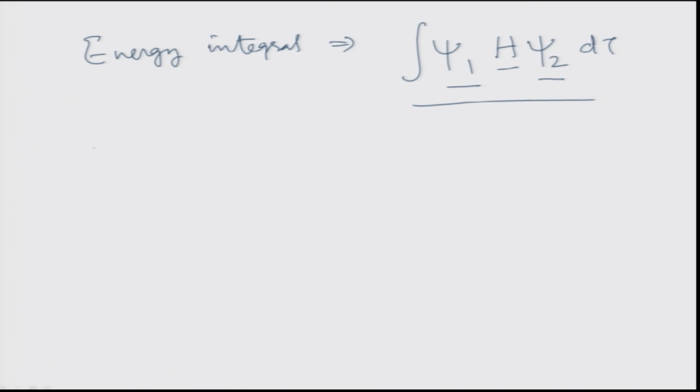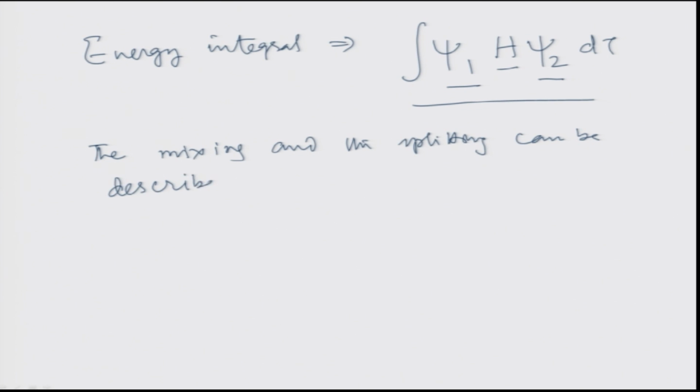So, the mixing and the following splitting can be described by a second order secular equation. We have seen this secular equation earlier, and we solved it and found the energies for the very same naphthalene molecule.